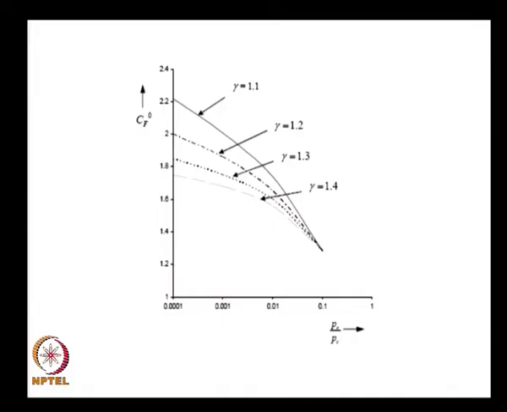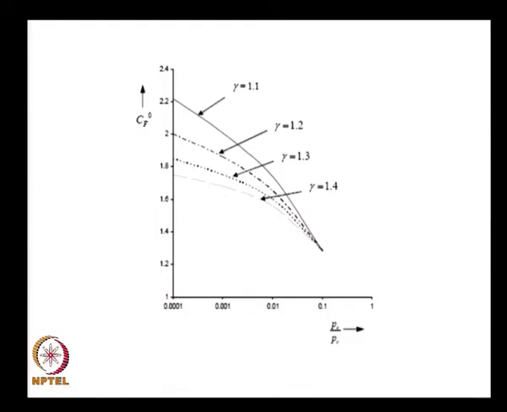As I increase the value of Pc by Pe, that means over here the value is Pe by Pc, I have higher expansion ratios, higher values of Pc over here, lower values of Pe over here. As I increase the value of Pc by Pe, I get a higher and higher value of Cf, and the values which are realizable are around 2.4, 2.5, and you find that a lower value of gamma gives me a higher value of Cf than a higher value of gamma.